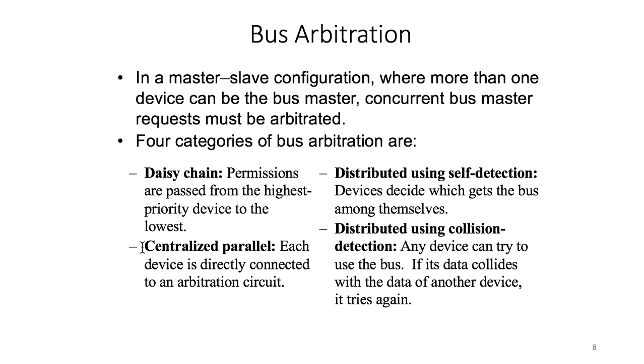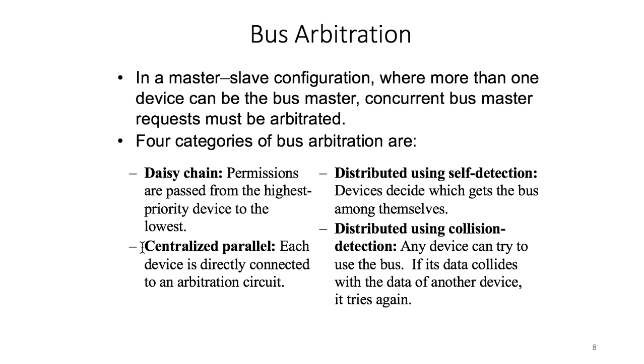In this case, each device is directly connected to an arbitration circuit, and each device has a request control line to the bus, and the centralized arbiter selects who gets the bus. You can see that this approach can result in bottleneck control issues.